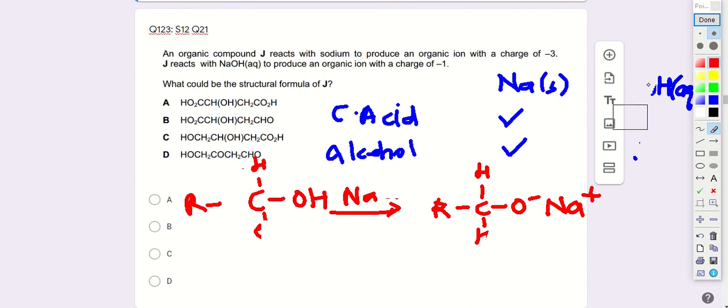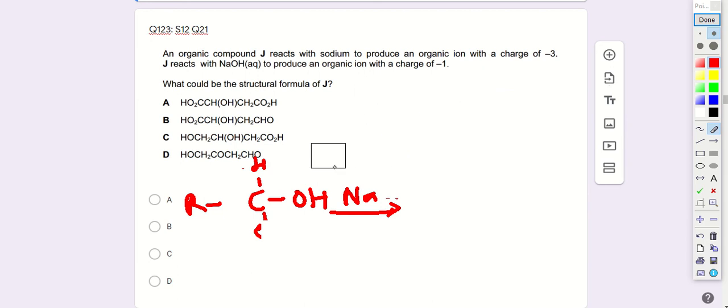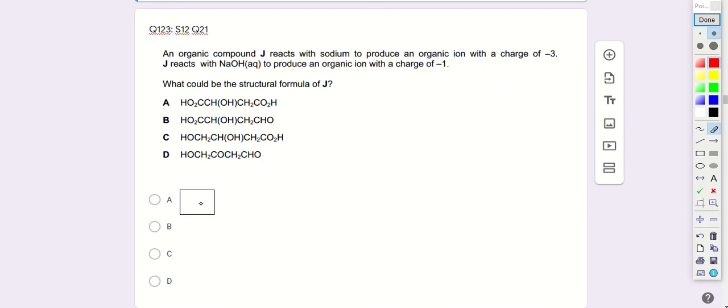Alright, now I'm going to erase all this. We now look at the answers one by one. Let's look at A: carboxylic acid, alcohol, carboxylic acid. So if A is J, A will react with sodium to produce an organic ion with a charge of -3, which is correct because all these three functional groups can react with sodium. Let's draw the structure.